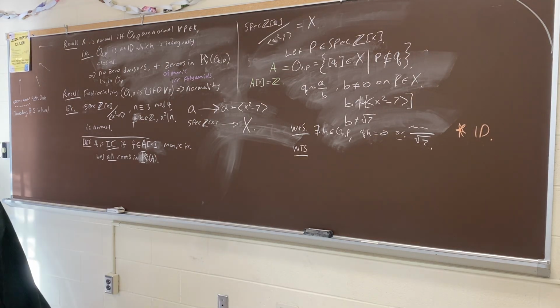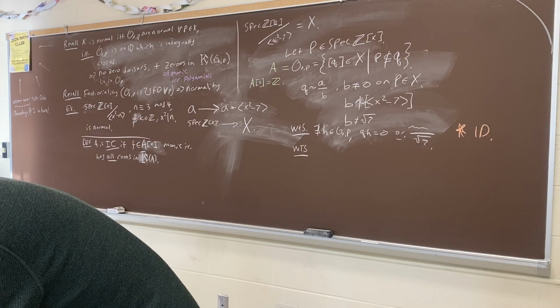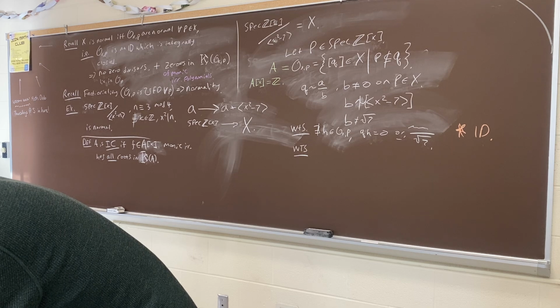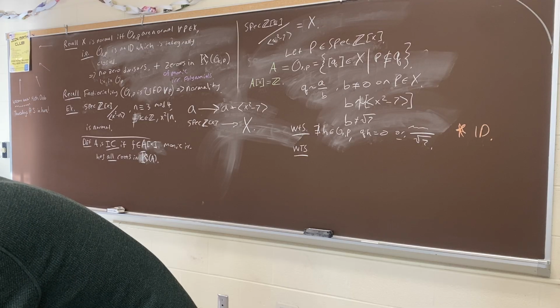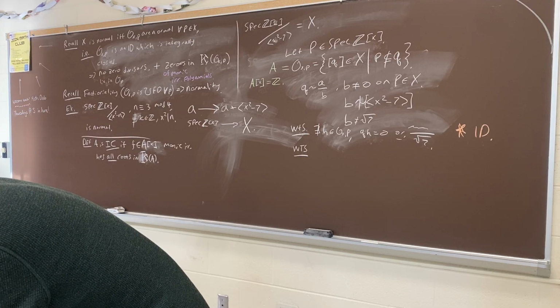Is it different for Spec? Gauss's lemma says that if we have a unique factorization domain, then the polynomial ring over it is a unique factorization domain. Z[x] is a UFD.